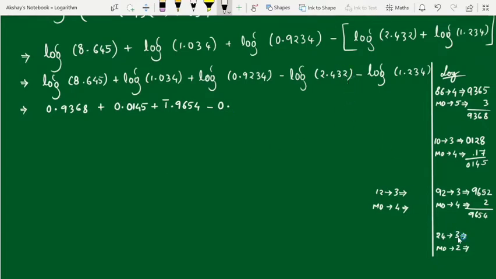Next 24 under 3. Mean difference value 2. 24, under that 3, I have 3856. Next mean difference value 2 means I have 4. So it will be 3860.